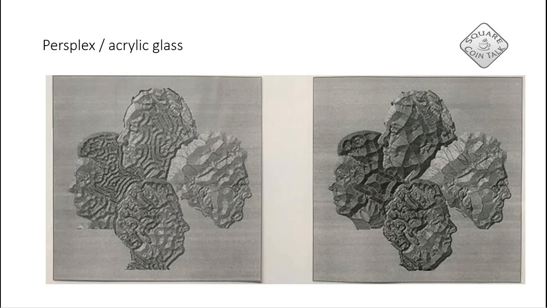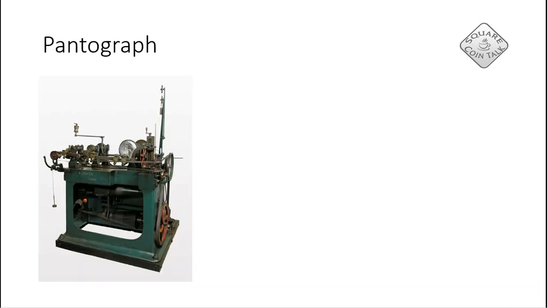And what we can see here is that this is Persplex in Dutch, or acrylic glass in English, where the depth would be cut out by a milling machine in a block of plexiglass. That would then later be put into an old-fashioned pantograph, and the pantograph actually does take a big object and make it into a very small copy of it.